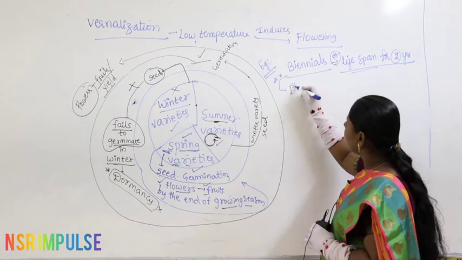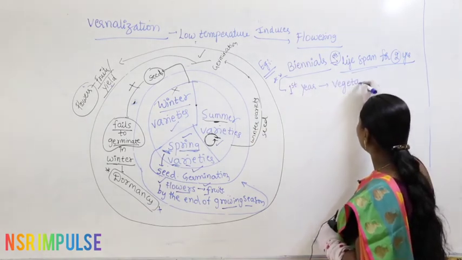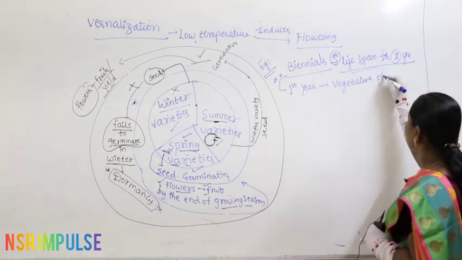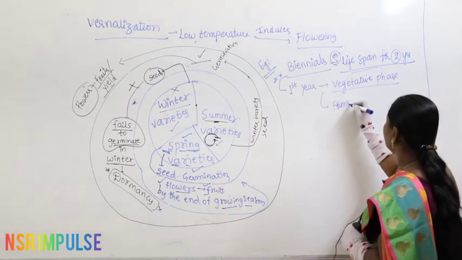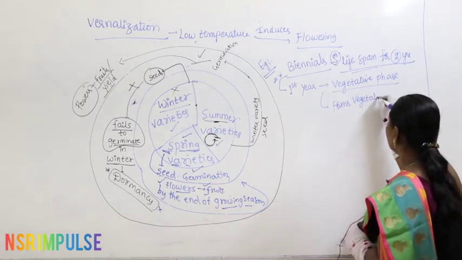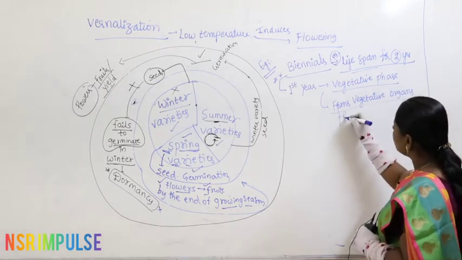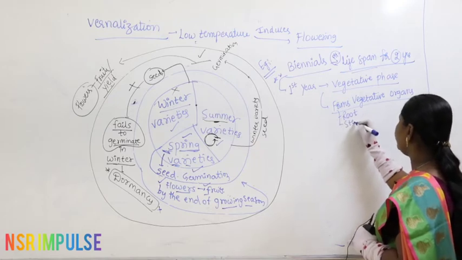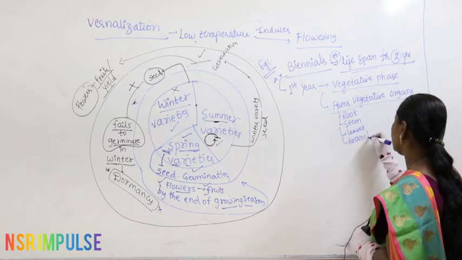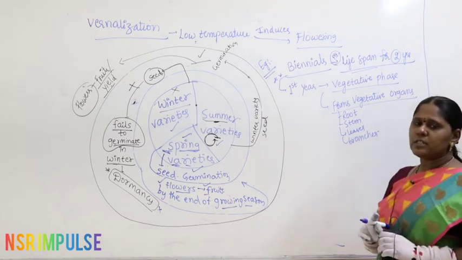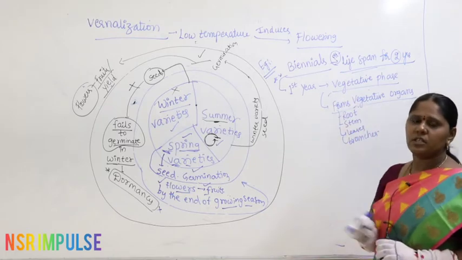In the first year, it is called the vegetative phase, and it forms vegetative organs. What are vegetative organs? Root, stem, leaves, branches. So, in the first year of lifespan, it develops the vegetative organs. Simply it is called the vegetative phase.